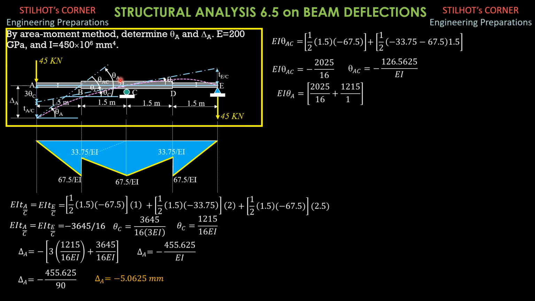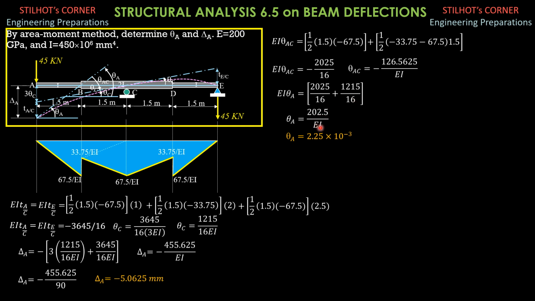Everything is positive because theta is expected positive. So this is theta AC 2025 over 16 EI. Plus theta C, which is 1215 over 16 EI. So that's why it is 202.5 over EI.